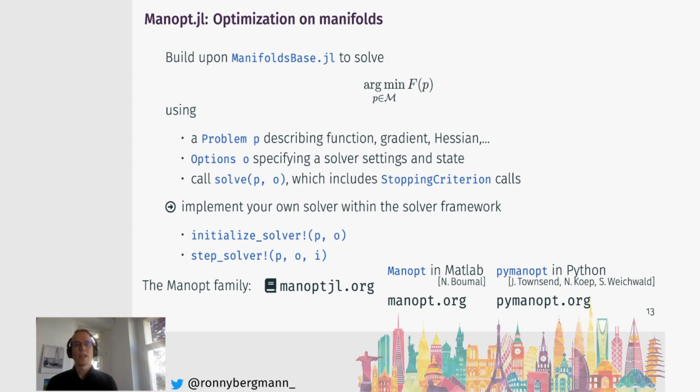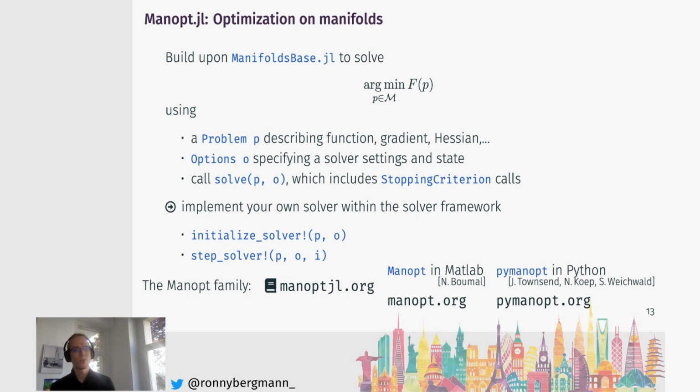Let's get into an application that I'm interested in and that builds upon the manifold space. That is, I want to minimize the function f over a manifold, where the problem P stores the function, maybe a gradient, maybe a Hessian, and with the options I specify which solver to use and the current state of the solver. Then calling solve within Manifolds.jl, I can solve this problem.